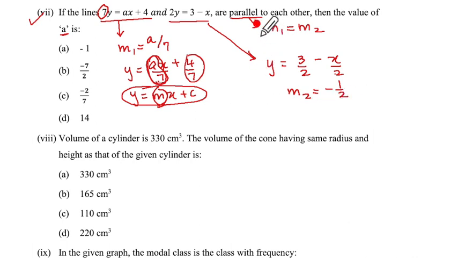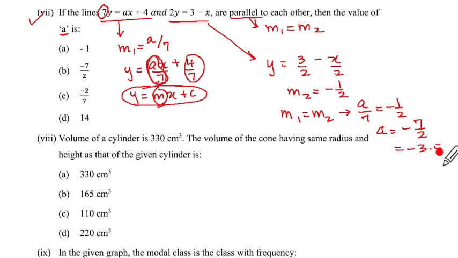Correct? Now if the lines are parallel, then m1 is equal to m2. So m1 equal to m2 gives us a upon 7 equal to minus half, and so a is equal to, 7 goes to the other side, minus 7 by 2, which will be minus 3.5. What have they given us? Oh, minus 7 upon 2.